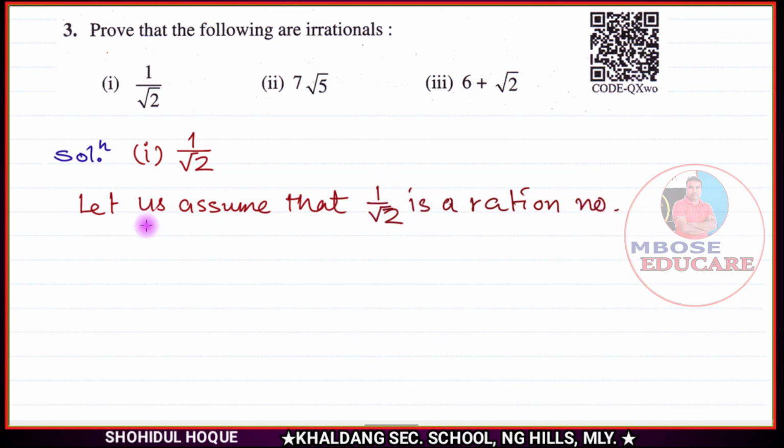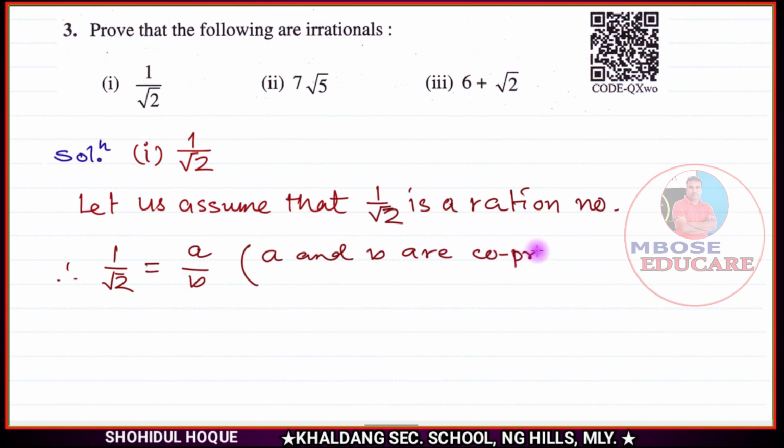When this is a rational number, therefore 1 by under root 2, when it is a rational number, we can express it in the form of a by b. And remember, a and b are co-prime.